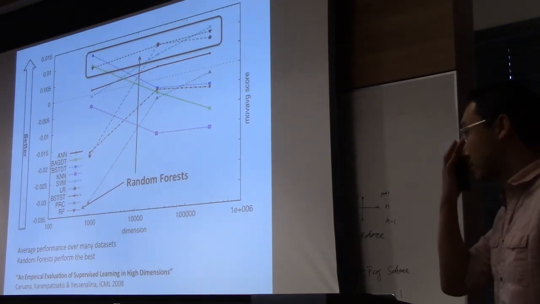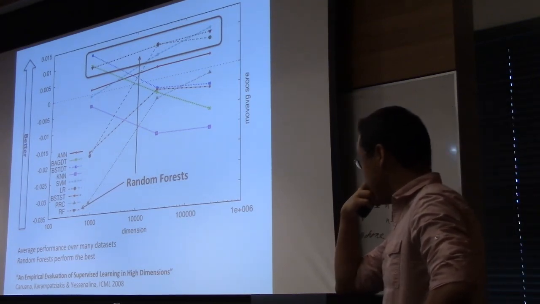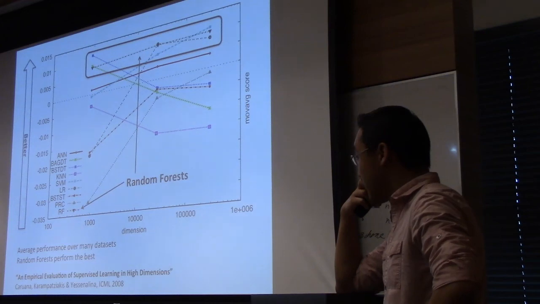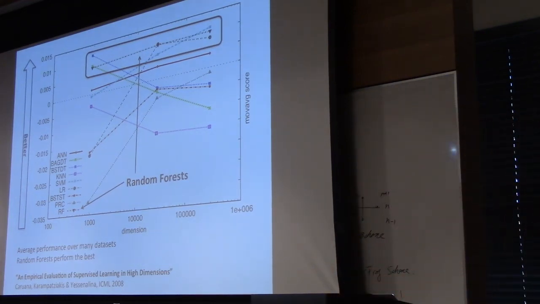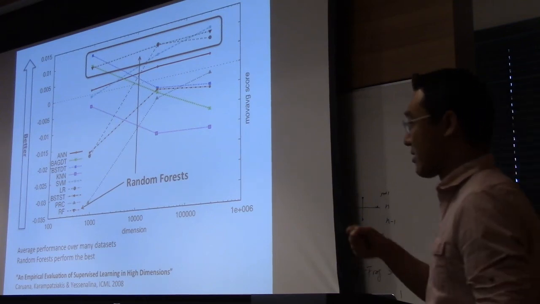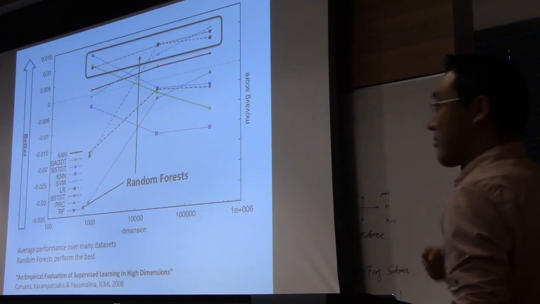Yes? But if you had one feature that was much more important, wouldn't it not do very well? It is a hyperparameter of the random forest learning algorithm, which is what fraction of features the algorithm subsamples from.